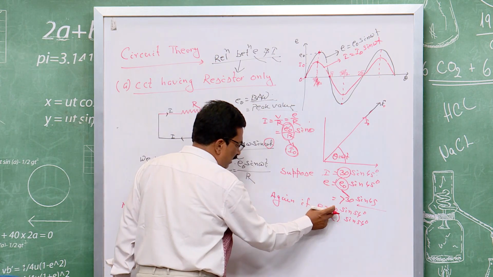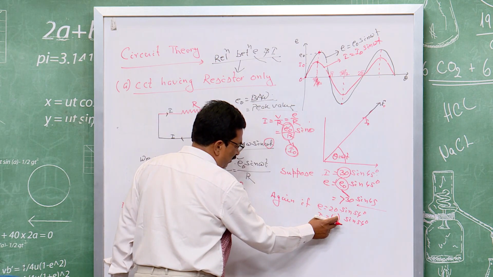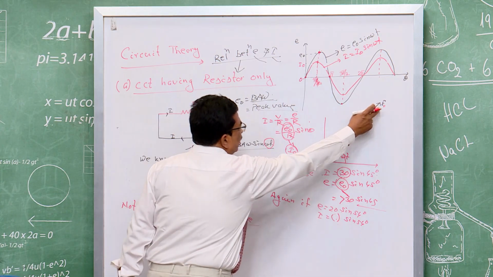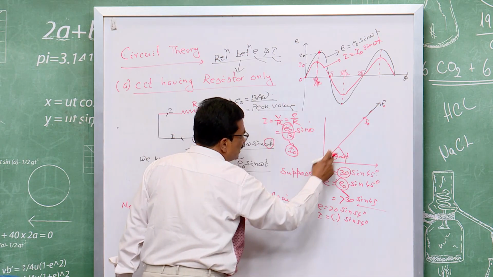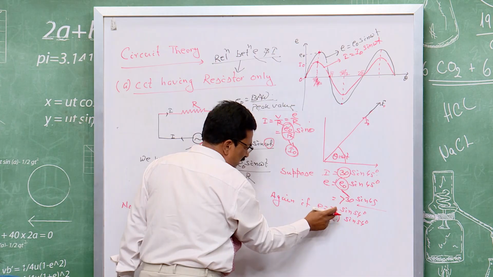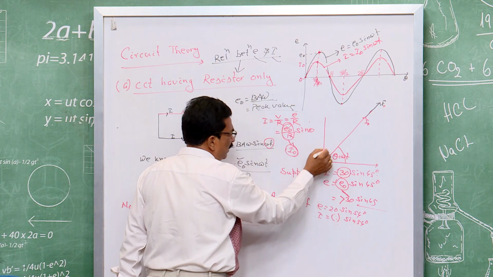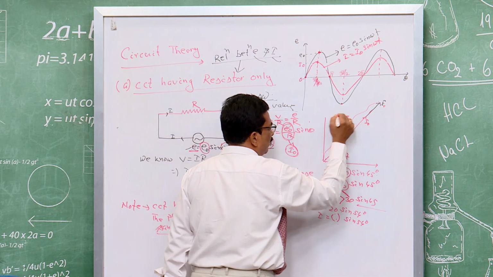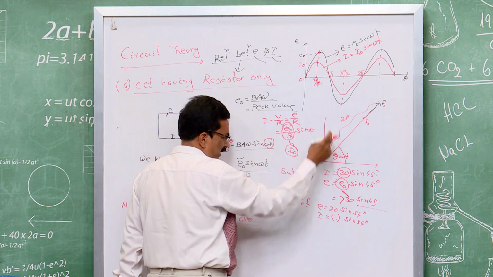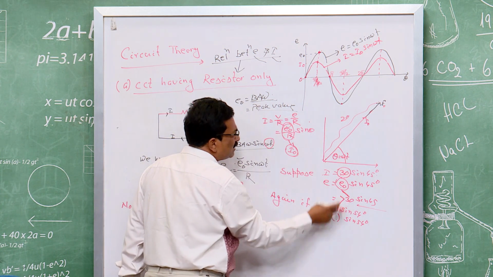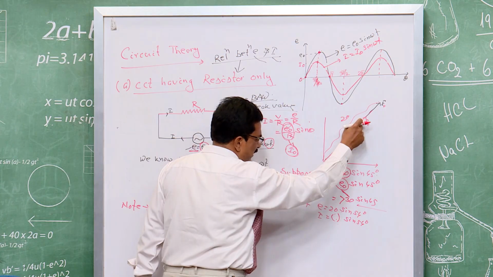But here it is E0, and here we have to write I0. Out of E0 and I0, E0 is the greater value, this greater value is 20, meaning the amplitude according to our question is 20. Then what is the value of I0? I0 must be less than 20.